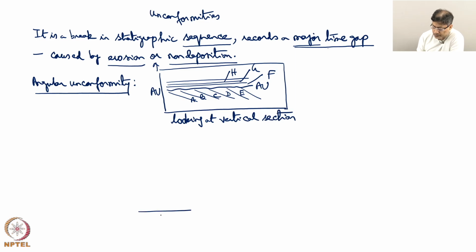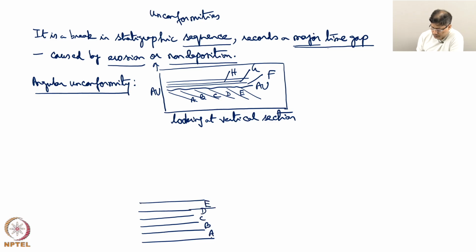Initially, there were horizontal deposition of units. So, on the basement, this is the basement, layer A got deposited, then layer B got deposited, then C, then D and then E.